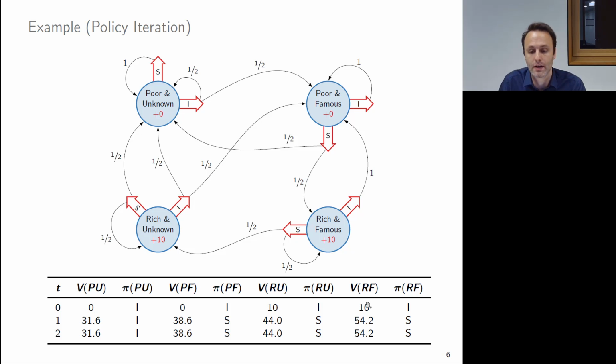So if we for example change here to safe in the rich and famous state, and also safe in rich and unknown, and poor and famous, but we keep the poor and unknown on invest, then if we solve the system of linear equations, we get these numbers here. And if we then try to improve, we will see that there is no chance to improve anymore. We get the same numbers, so we are done here. After 3 steps, we are already done.